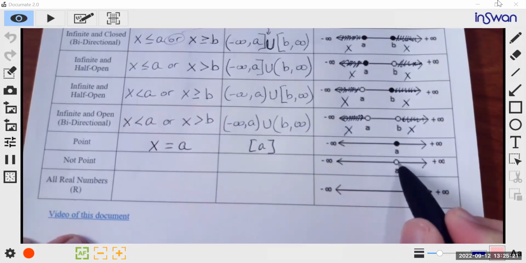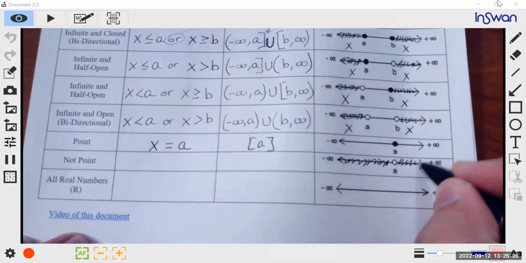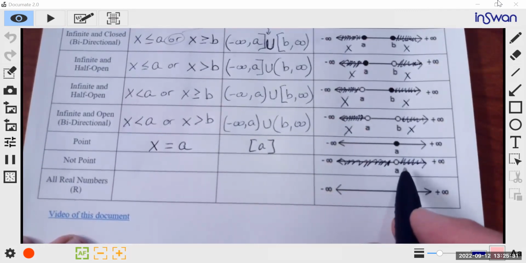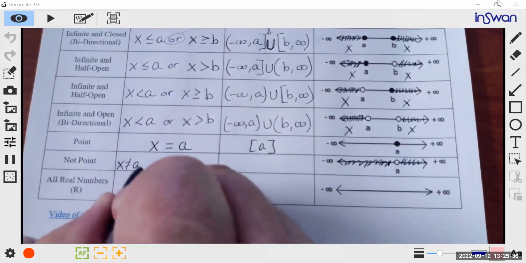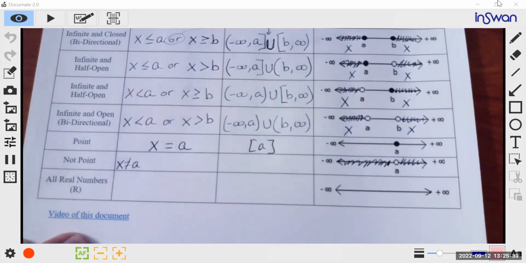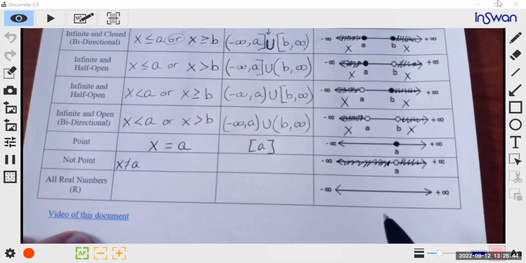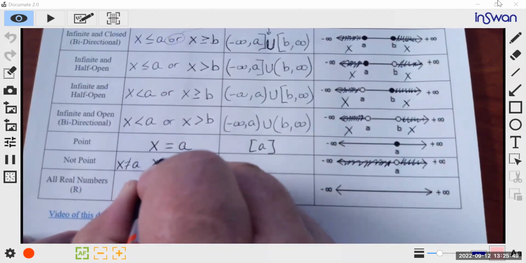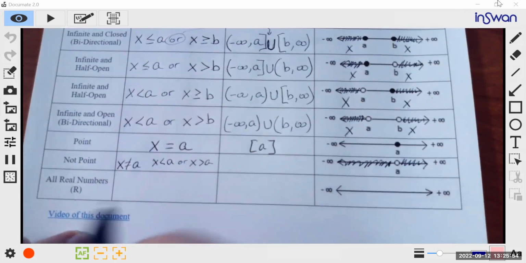How about this one? It's open. What this one means now is everything in both directions. To do this, we can do it two ways. What that tells me is X does not equal A. It can be anything else other than A. Or X is less than A, or X is greater than A. That means the same thing.